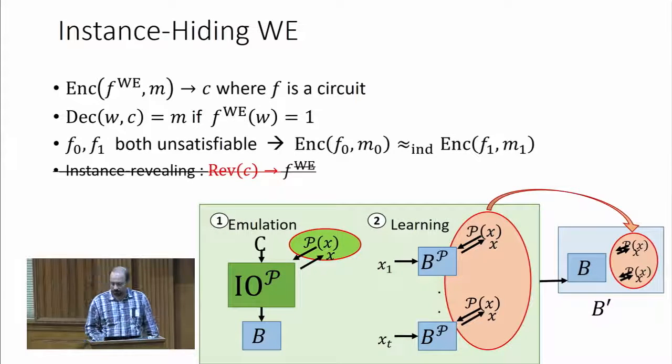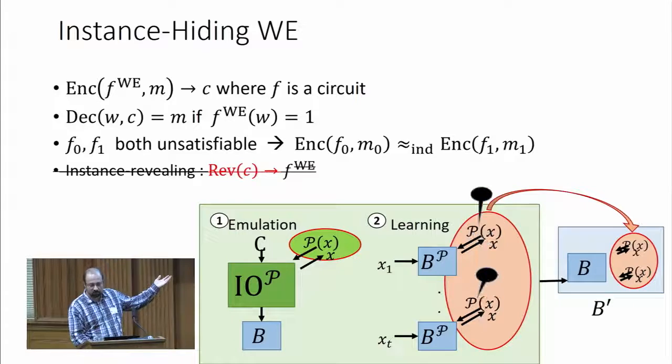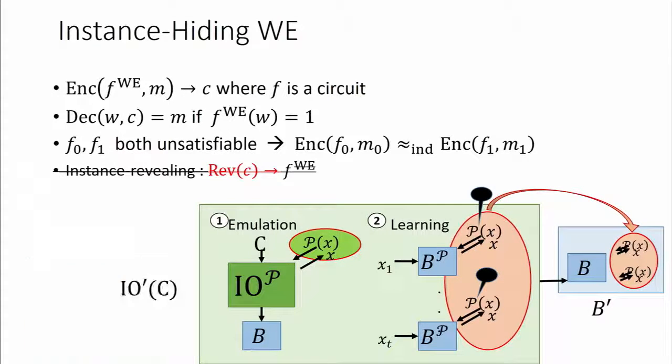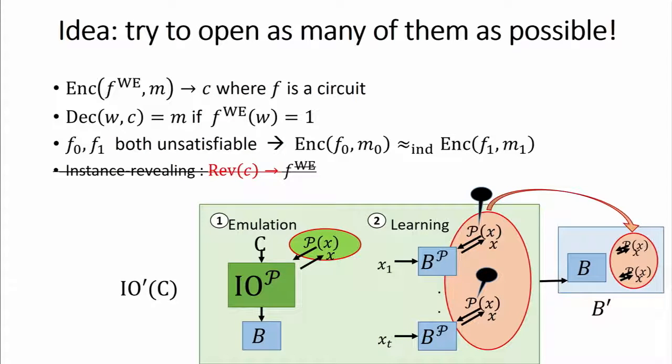What does it mean? If I want to do the same tricks, the hidden side of the learning algorithm is not hidden to the learning phase, but we are not allowed to pass it along. So the idea is that we cannot open it. However, because of the trick that I told you, some of them might be open.